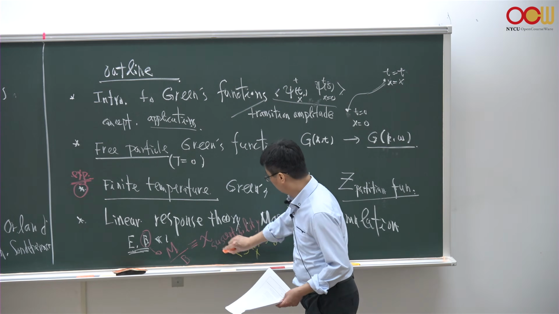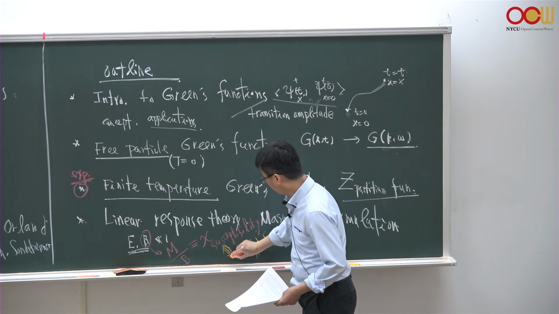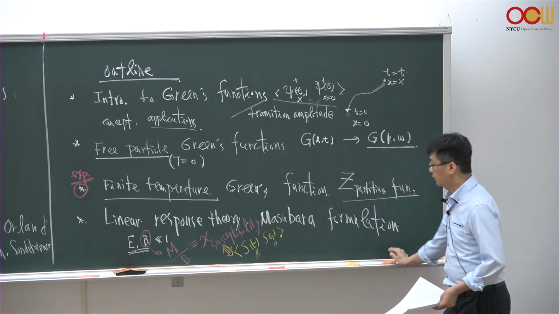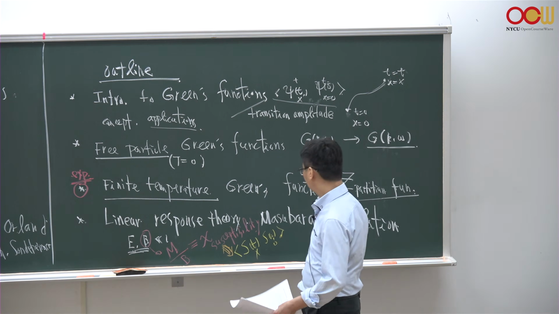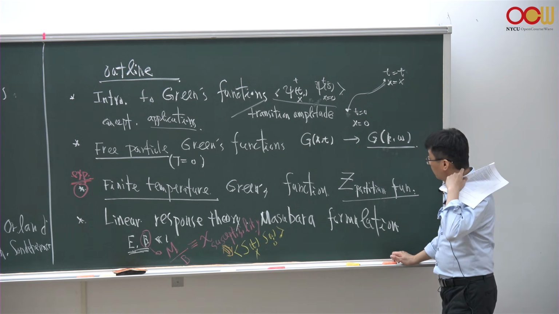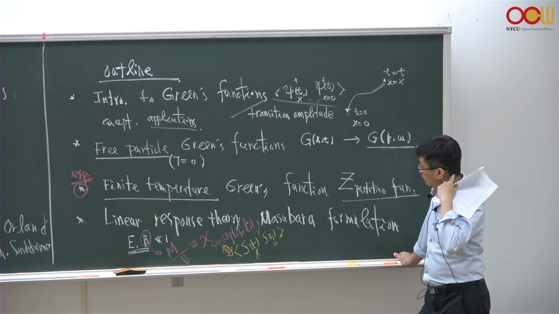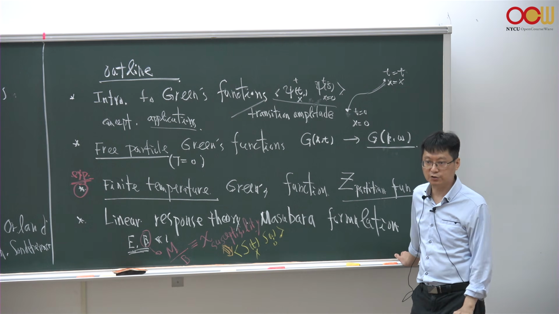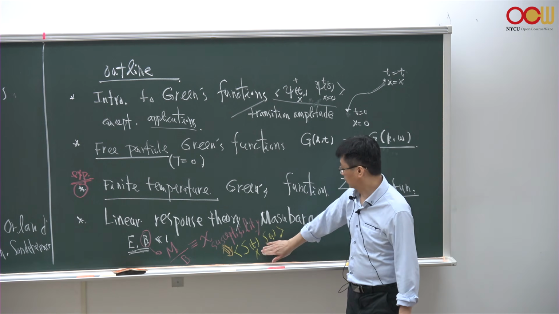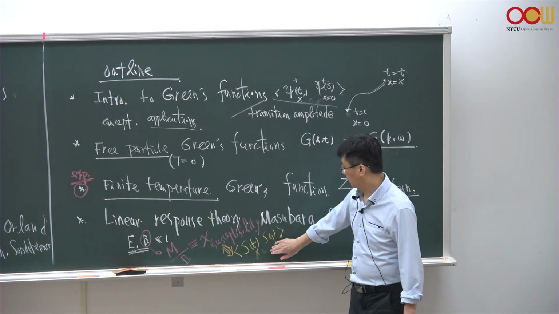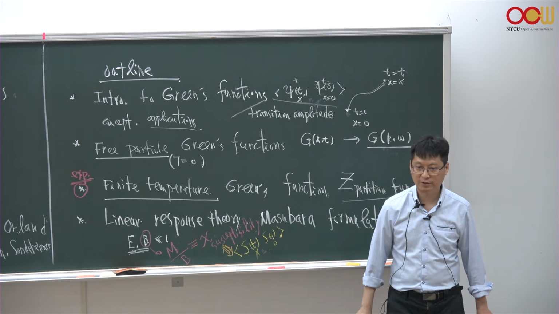Okay, so we should make such identifications later on, but here I just illustrate this as an example: when you measure the small response to linear order in your external field, what you measure is nothing but the correlation function. And this is the thing that we want to learn how to calculate, and this is the thing that you measure in the lab.